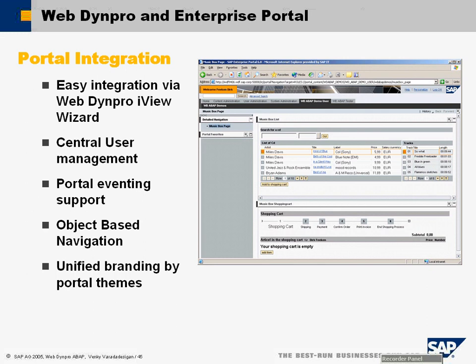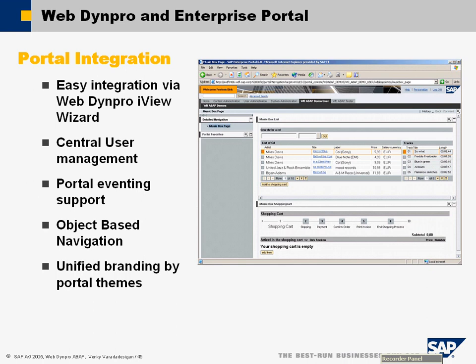So what are the benefits? Central user management. You don't have to get the basic authentication pop-up, right? Once you are logged into the portal, it's already available for you if you do the user mapping or the system connectivity. And portal eventing is supported. You're going to see that in the next slide. And object-based navigation is also possible.